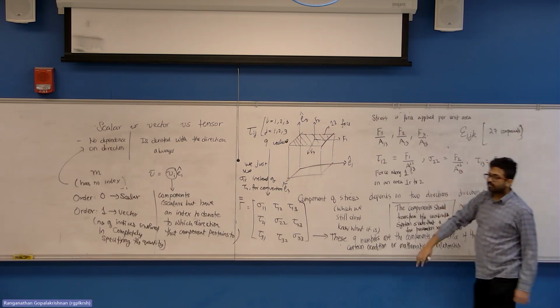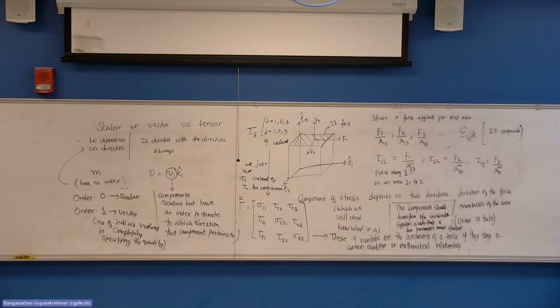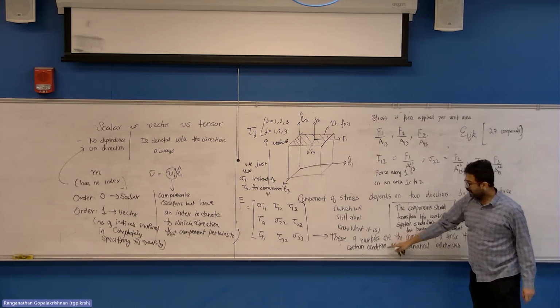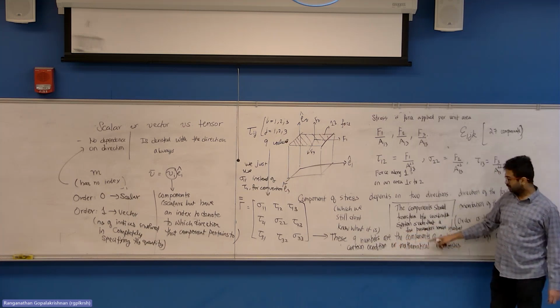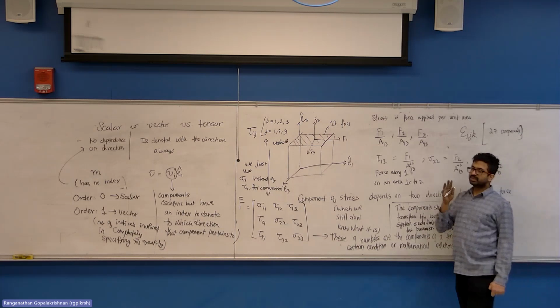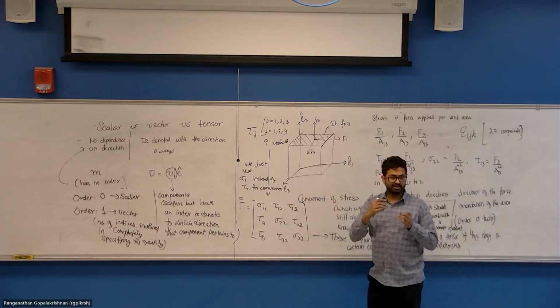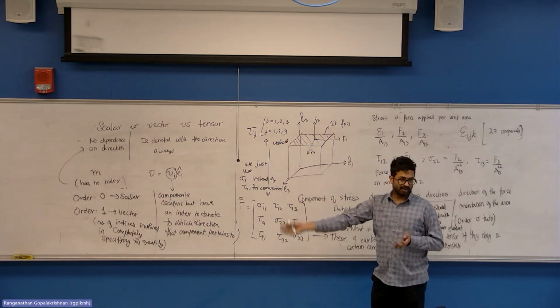Any 9 numbers or any 27 numbers cannot just arbitrarily form a tensor. They still have to obey certain mathematical relationships such as invariants, so that their values scale correctly when the coordinates are changed from one system to another.